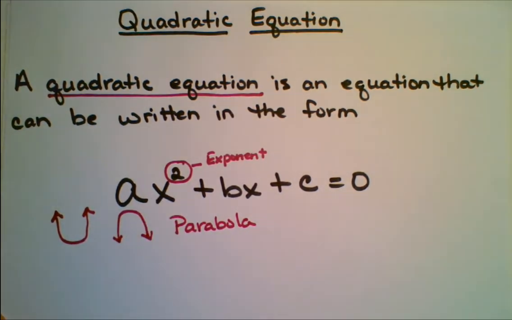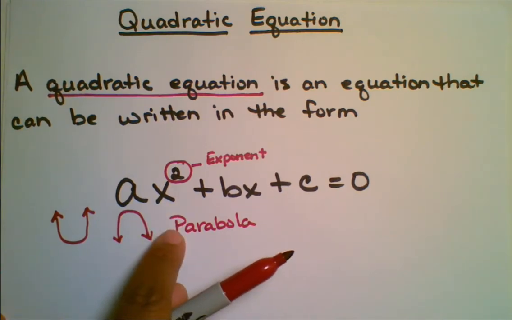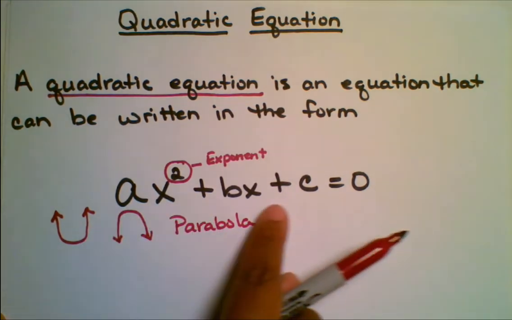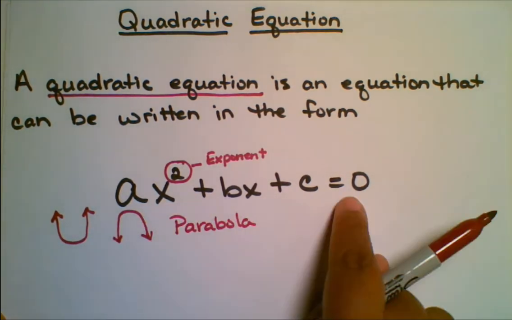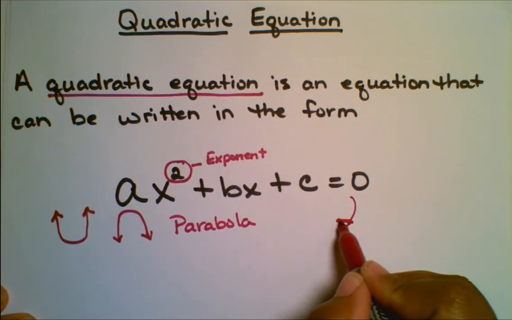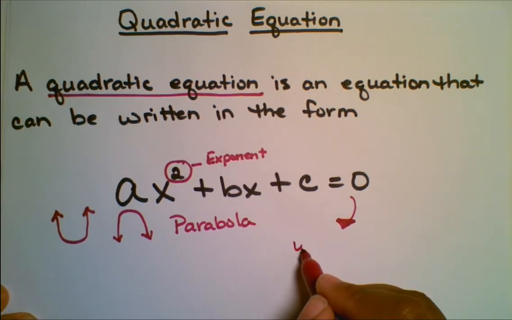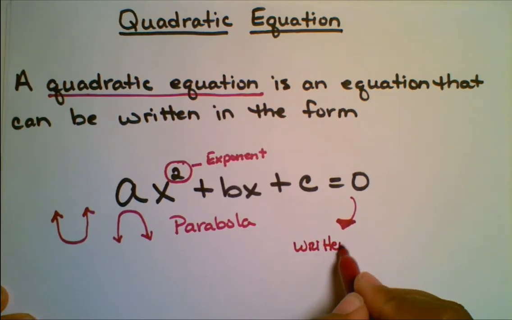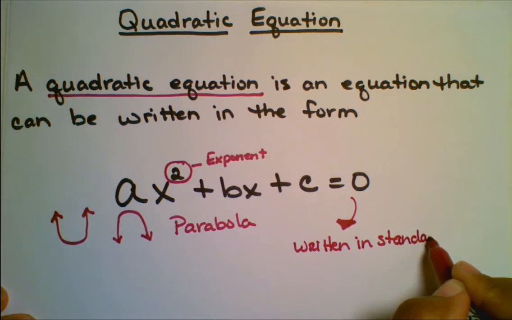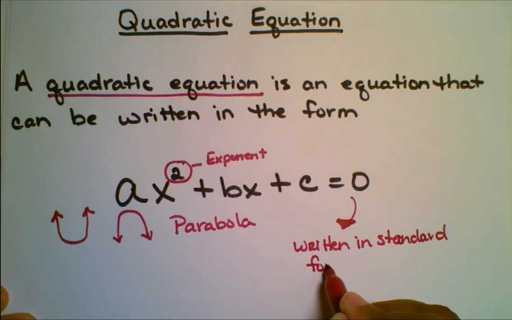So remember, in a linear equation, the highest power would be 1, but in a quadratic equation, the highest power is 2. Also, I want to make note that whenever you have an equation such as this quadratic equation equal to 0, this is written in standard form.